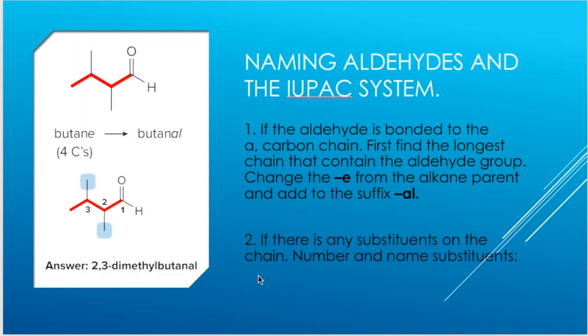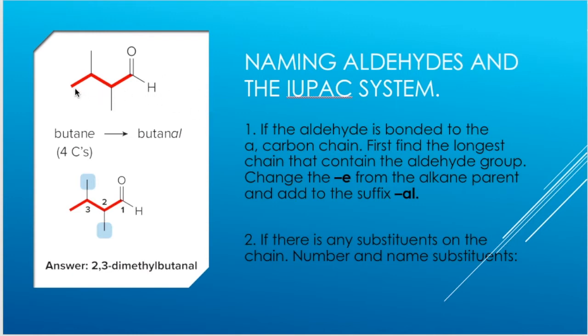How do we name the aldehyde group? Let's get started. The aldehyde is always bonded with either a carbon chain or a ring. Let's start with the carbon chain.